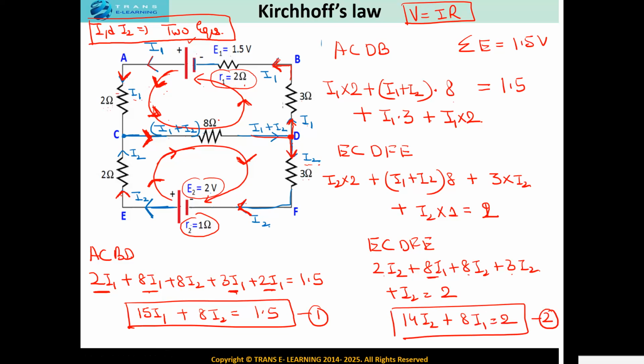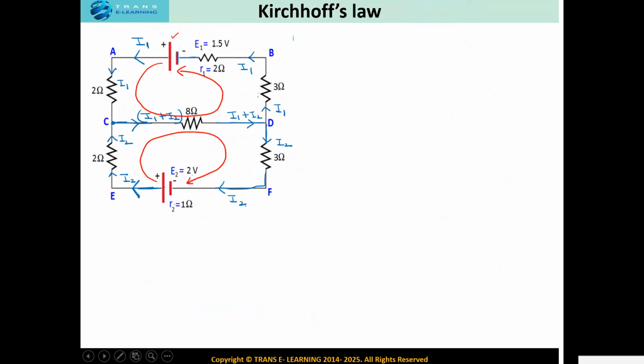Now we are going to apply the mathematical concepts of solving equations simultaneously. So I'm writing these two equations here. My first equation was 15I1 plus 8I2 is equal to 1.5, and my second equation is 8I1 plus 14I2 equals 2.